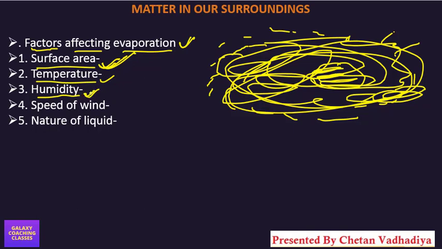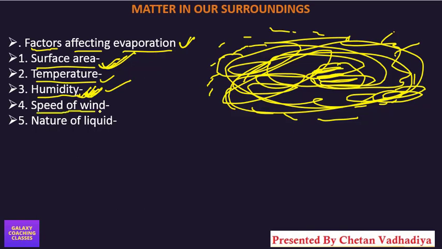Why? Because at that time humidity is there. Or if you want to dry your clothes in your room, switch on your AC and try to dry. It will take a long time to dry, because the temperature is low and humidity is there inside the room. So that's why it will take more time to dry.